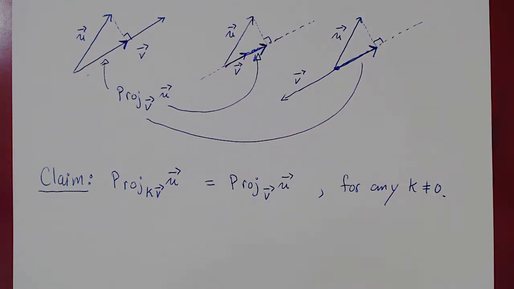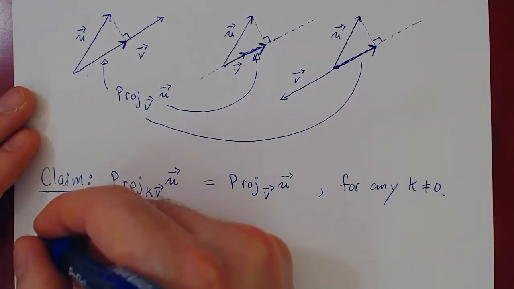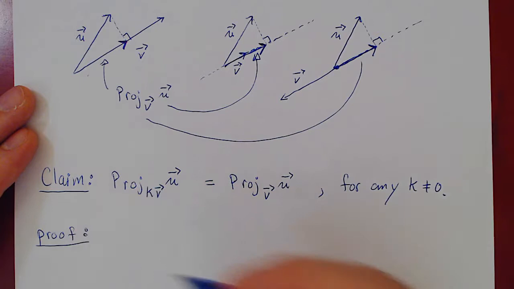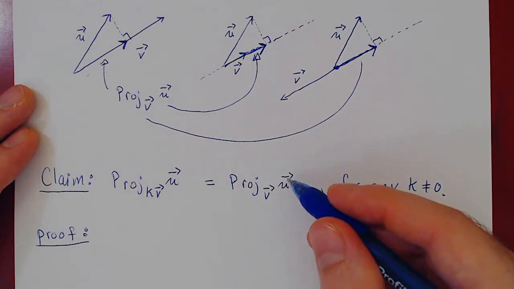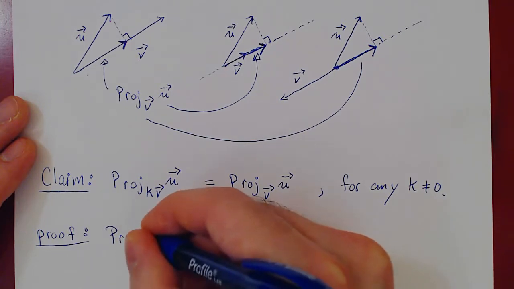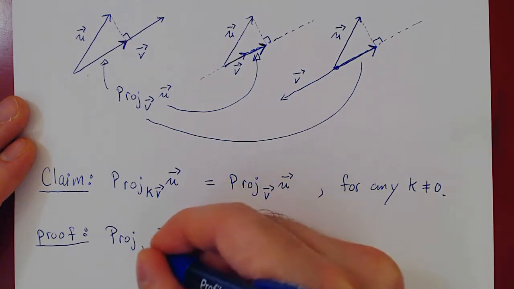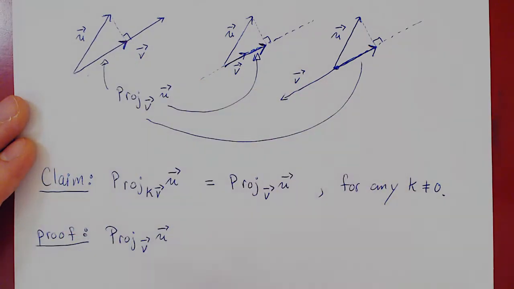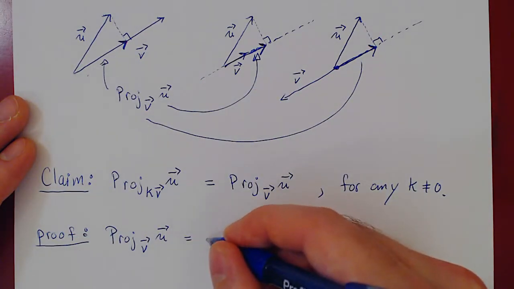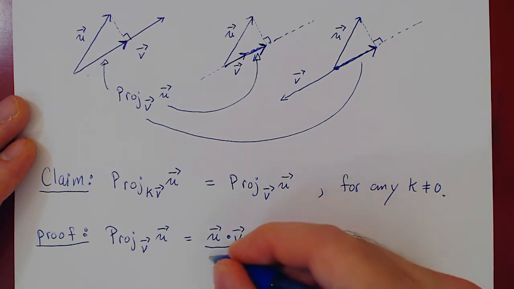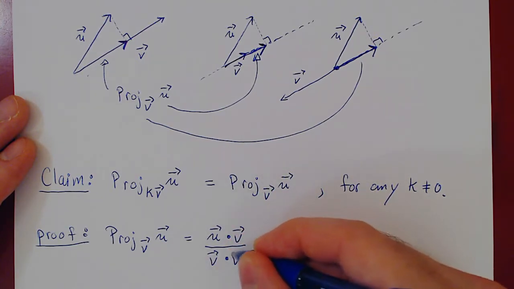We will simply use the formula for the projection. So recall the formula for the projection of u onto v. So if you project vector u onto vector v to obtain this component, we know this is simply going to be u dotted with v over v dotted with v.